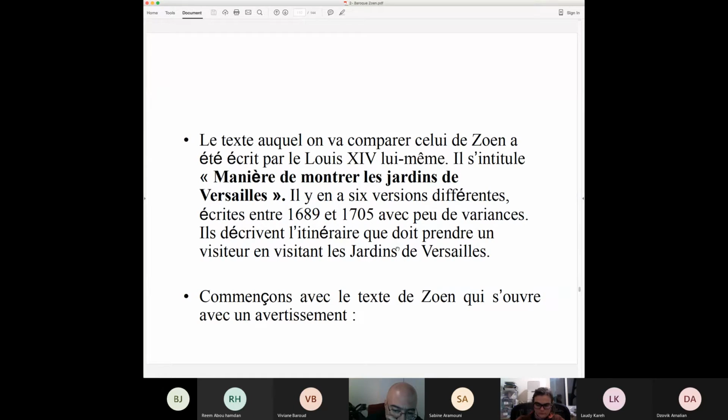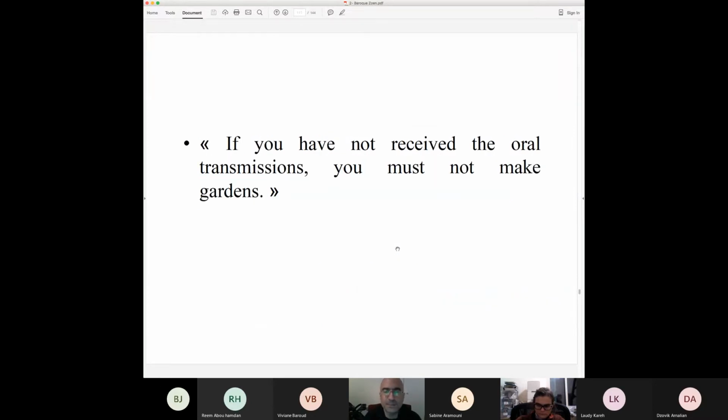So let's start with Zoen, whose text is older. And the text of Zoen starts with a warning. And this is what the warning says. If you have not received the oral transmission, you must not make gardens.